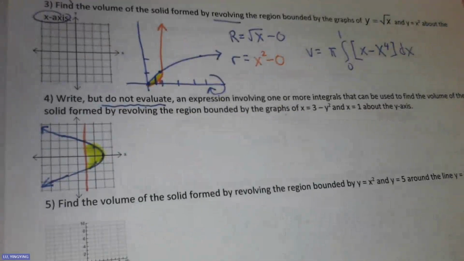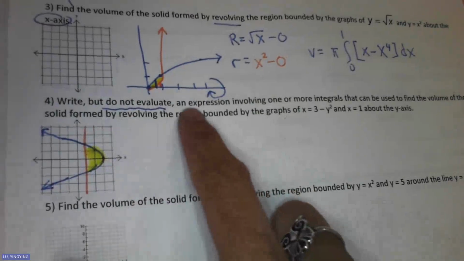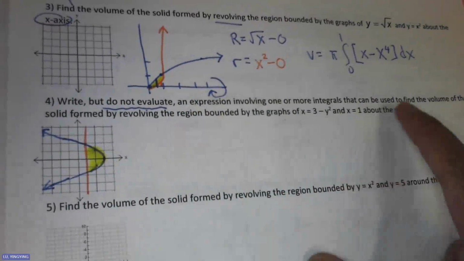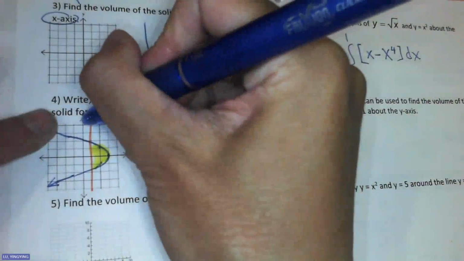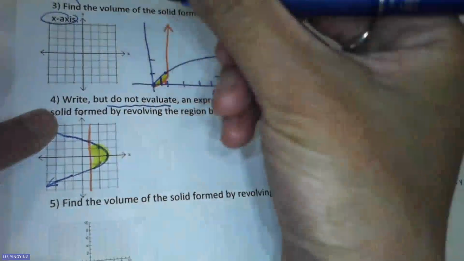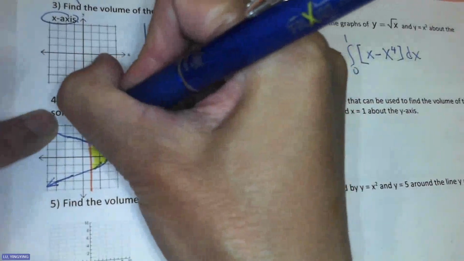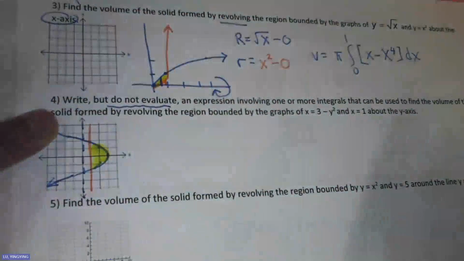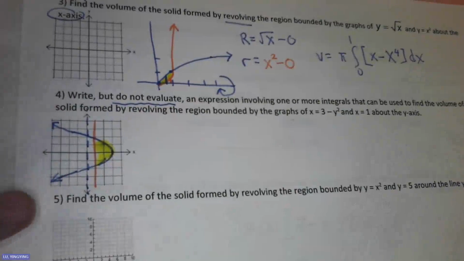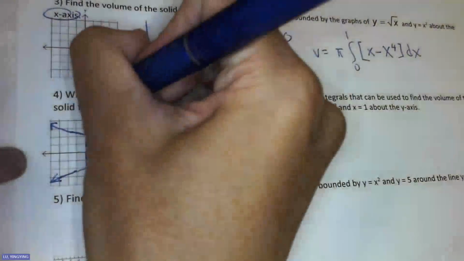What am I going to do with this guy? Revolving this region about the y-axis. So here is the y-axis. I'm going to draw the axis of revolution for you because it's easy to tell if this is a disk or washer. We're going to spin this one about the y-axis.